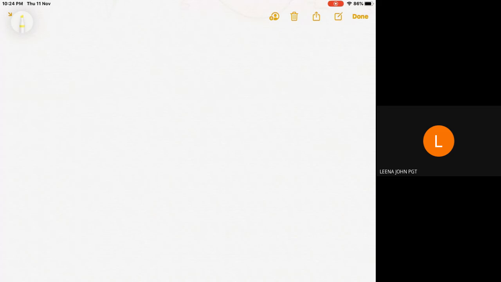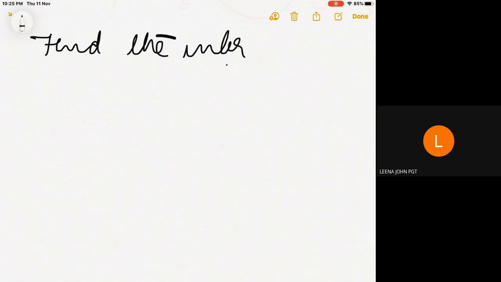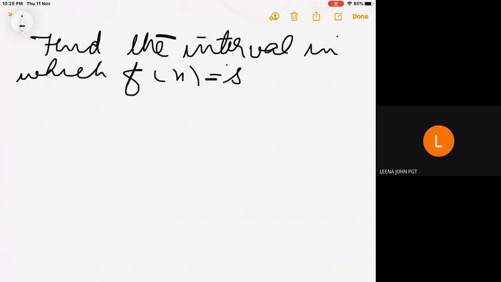Okay. Now next one is, very important, and I'll show you how to do it very fast. Find the interval in which f of x equal to sin x plus cos x is strictly decreasing.